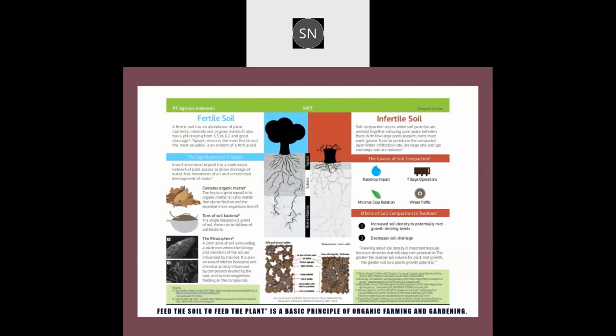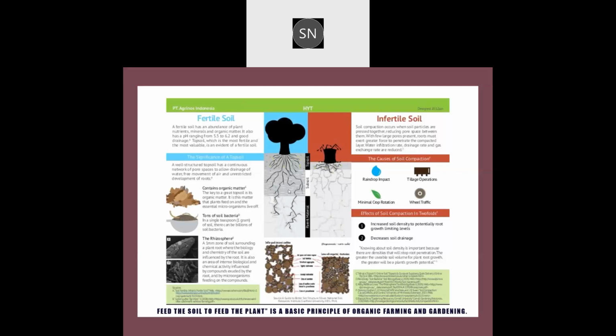The second slide is on a comparison study of fertile soil and infertile soil. What are the differences between fertile and infertile soil? You can compare in terms of the pictures here and also the number of pore spaces. These two pictures will talk about the whole topic here, fertile versus infertile. In fertile soil you can see the growth of plant roots and also water levels.